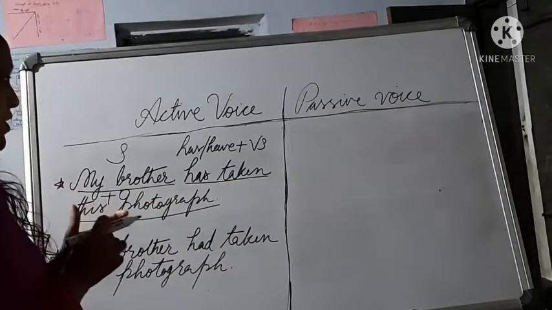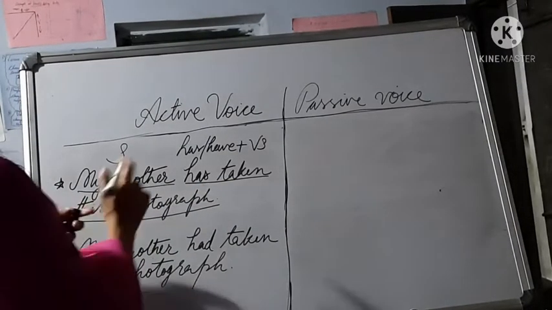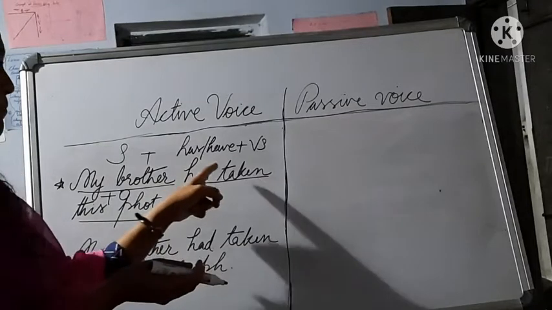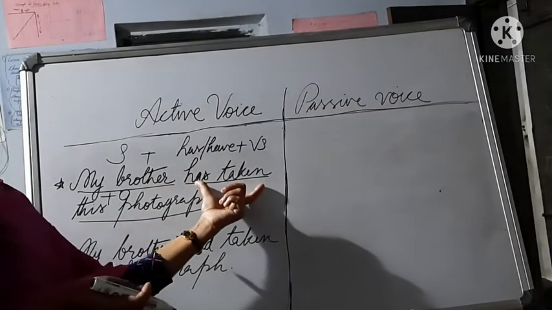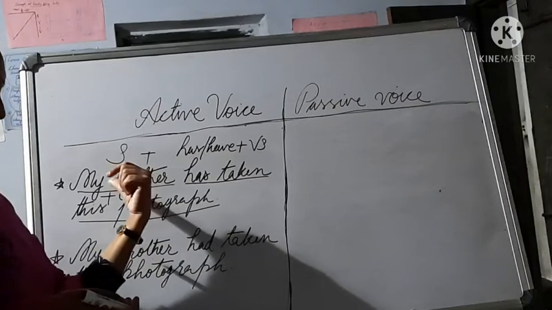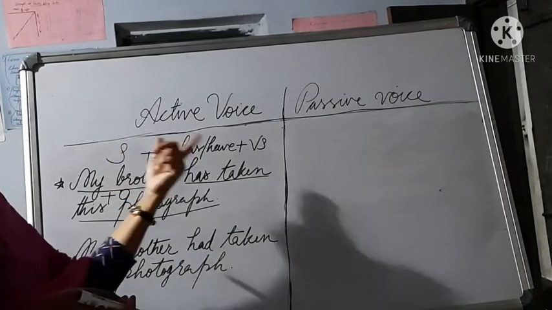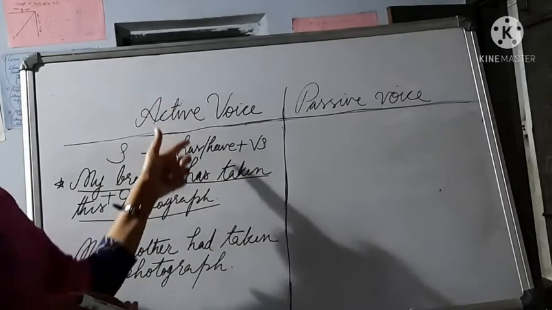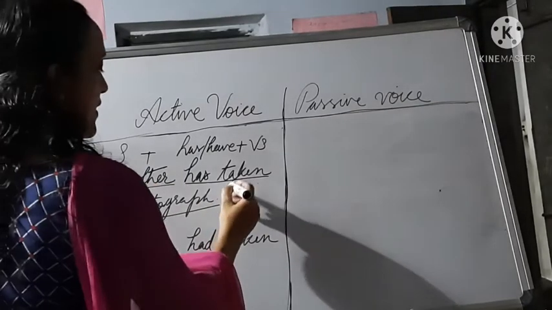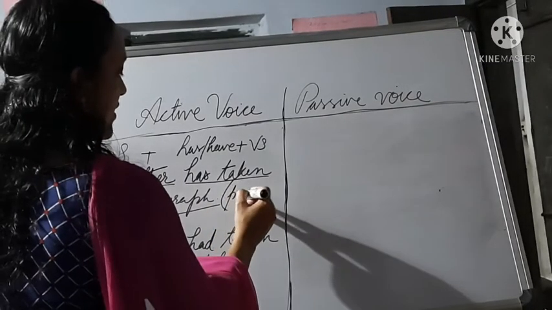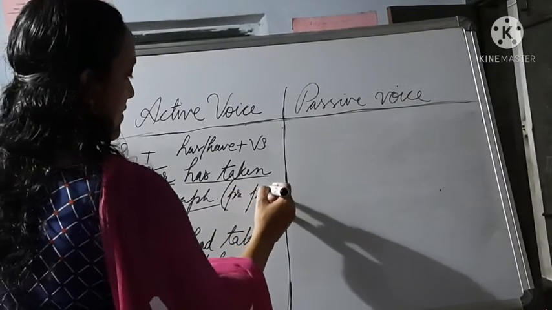So the rule: subject plus verb plus object. The tense may change, but the structure is subject plus verb plus object. So that is active voice, and this is active voice in present perfect tense.